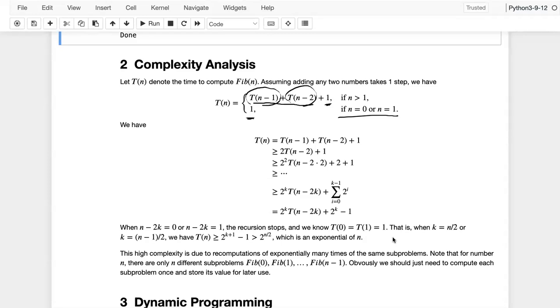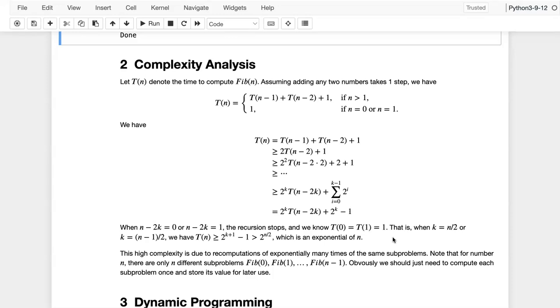So this comes from computing this time, computing that time. So the time will be the time of two subproblems, so you have to add them up. And this, again, you add two results, and that takes constant time. So we are using one to represent it.